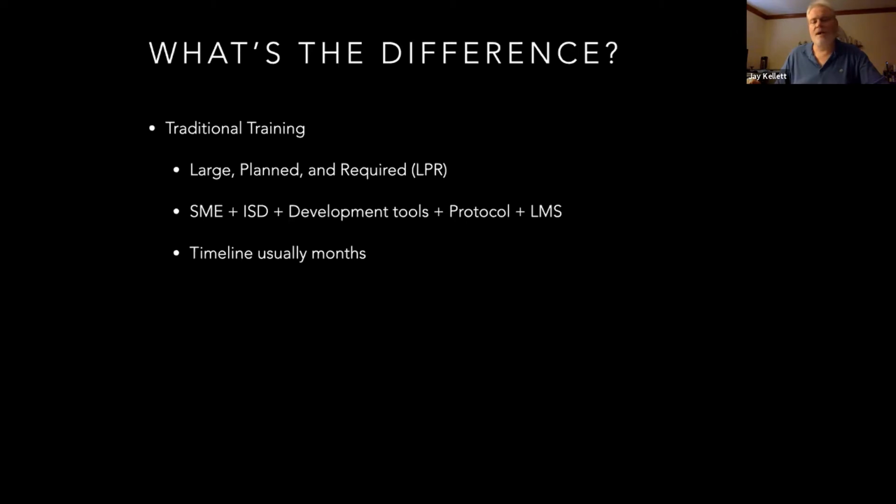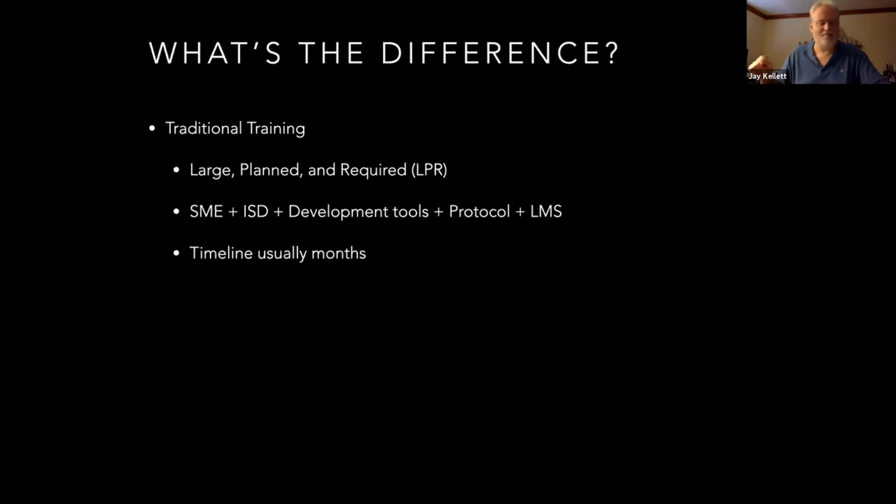They involve subject matter experts, the ISD model, development tools. You have to deal with a protocol, maybe SCORM, AICC if you're dealing with old technology, Experience API if you're dealing with new technology, and then there's an LMS or maybe an LRS on the back end. Timeline is usually months, which is okay.